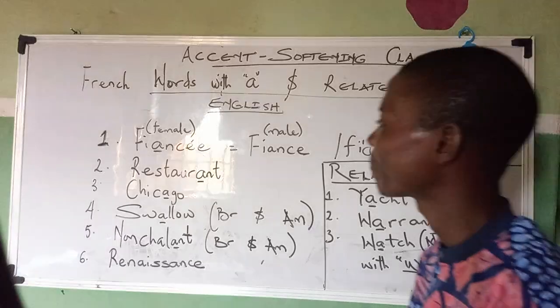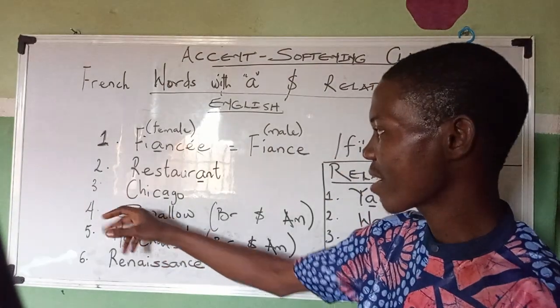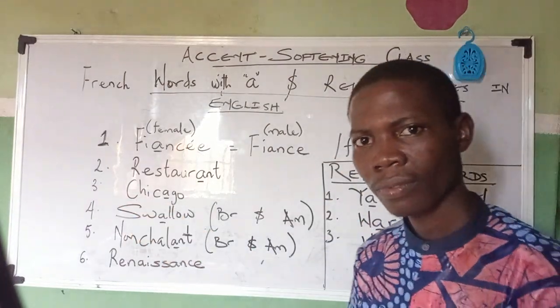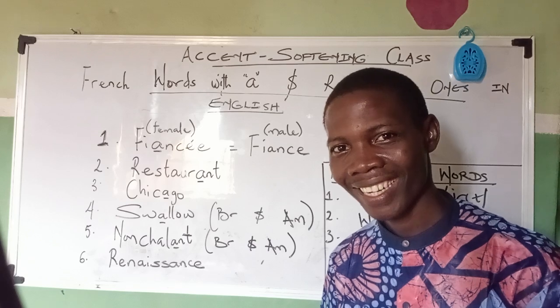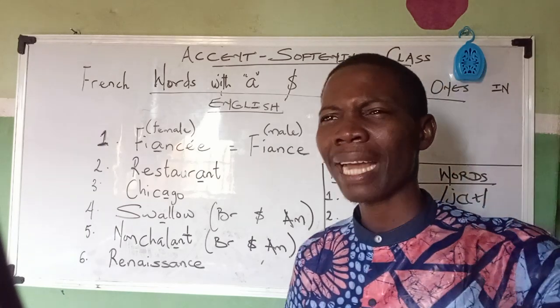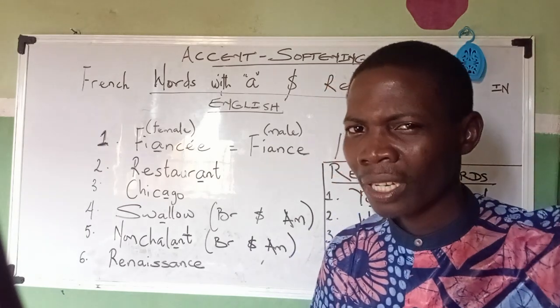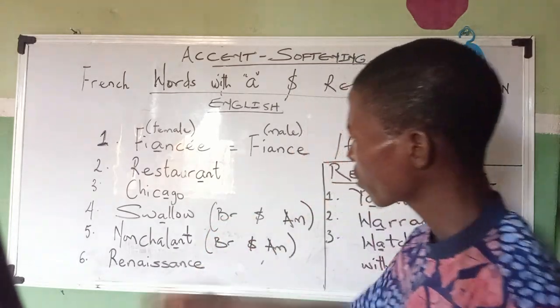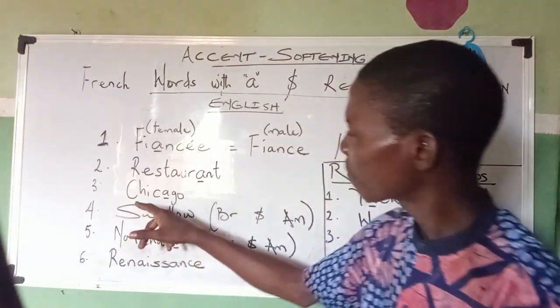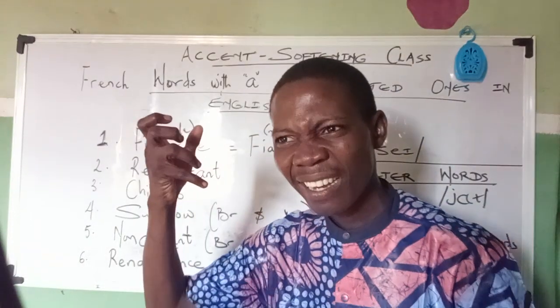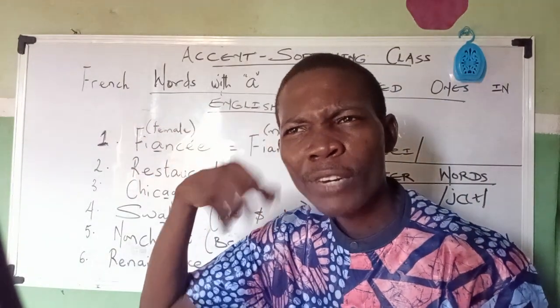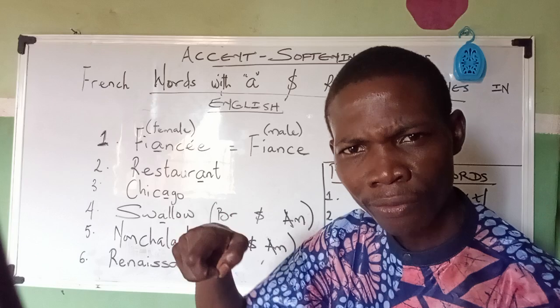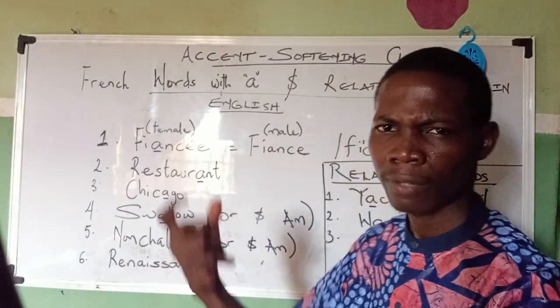And that's it. Number three here is Chicago. Now, I'm not saying Chicago with the usual ch, I'm saying Shicago, because the word is a French word, and it makes the CH take up the French pronunciation.